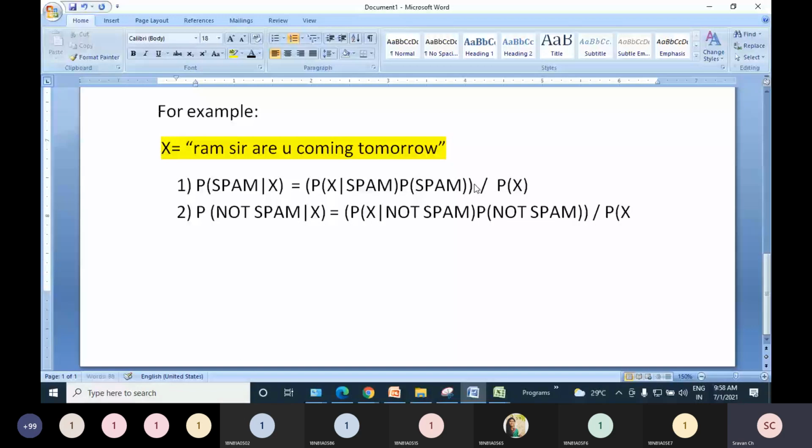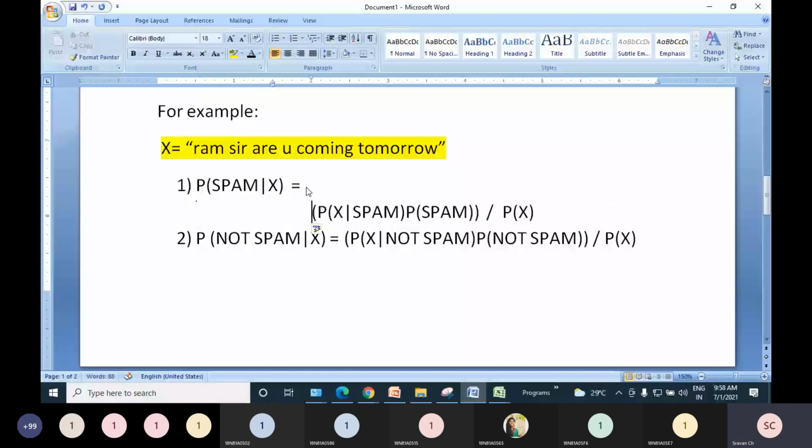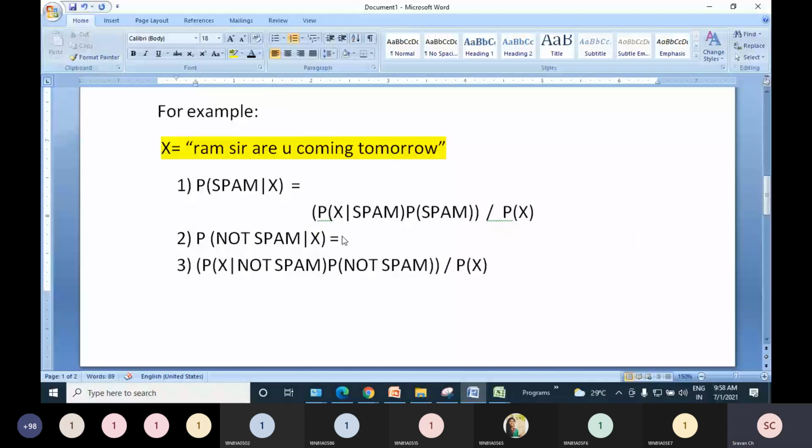So friends, if you observe, I need to calculate the value for equation 1 and equation 2. The formula for equation 1 is P of X given spam into P of spam divided by P of X. Similarly, for the second one, the value is this.